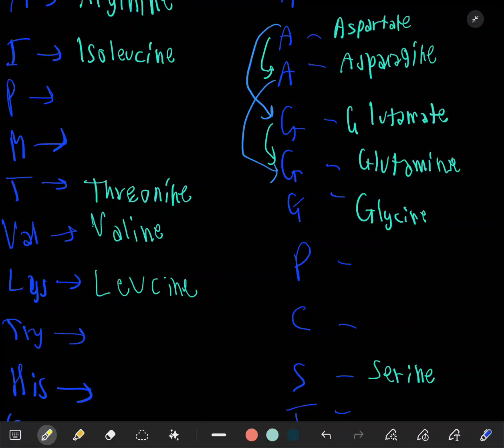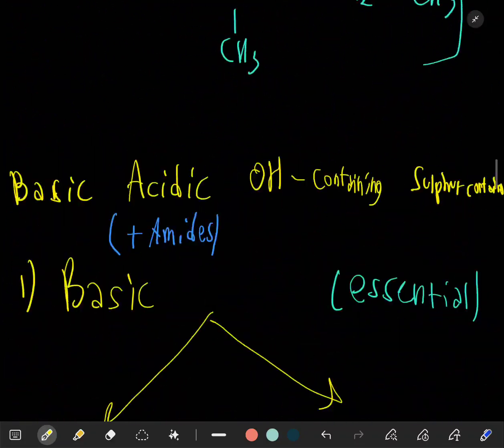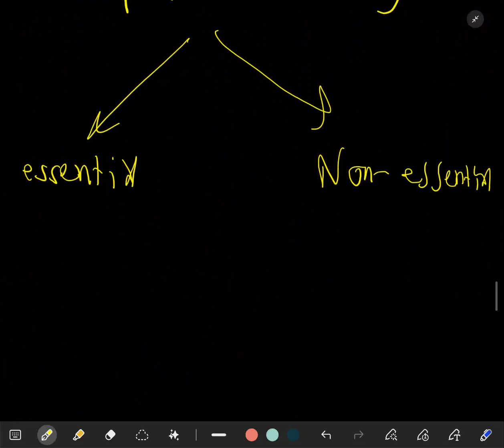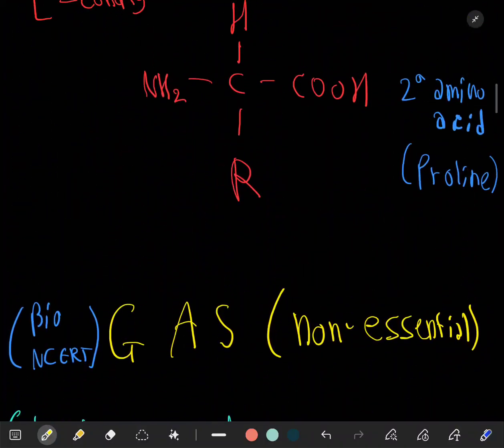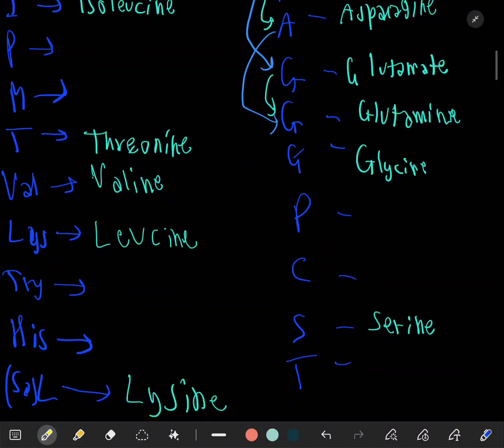Yeah, methionine as a start codon is known as the essential one, which is methionine. And then the non-essential, serine, not serine. The non-essential would be cysteine, or proline is cyclic, and then T for tyrosine. Yeah, tyrosine.